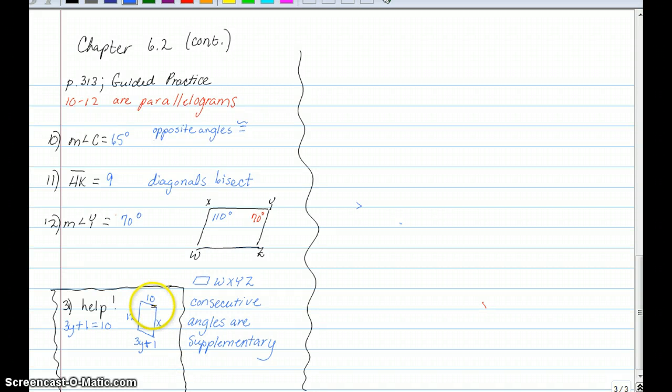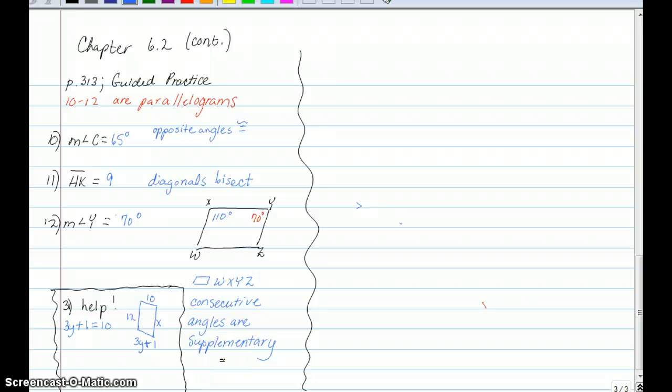However, 10 and 3y plus 1 are also opposite segments, so they're going to be congruent. So you would need to write 3y plus 1 equals 10. Then you would need to go through all of the algebra steps, all the properties of equalities, and show the work of how you solve them. I know it's a simple algebra problem, but I do want the work shown.